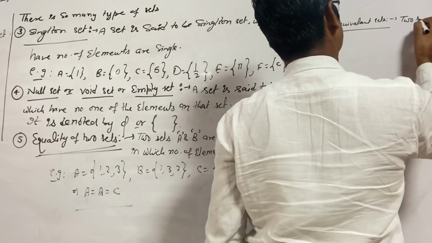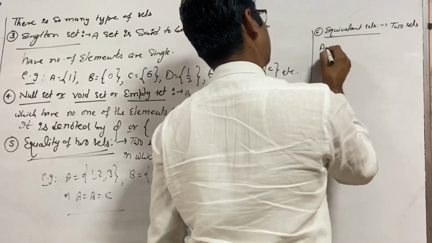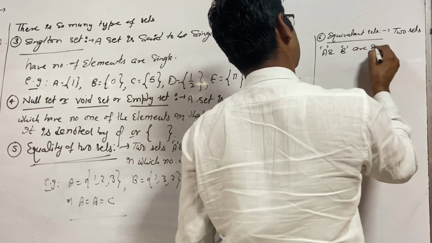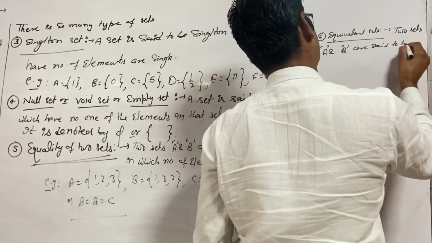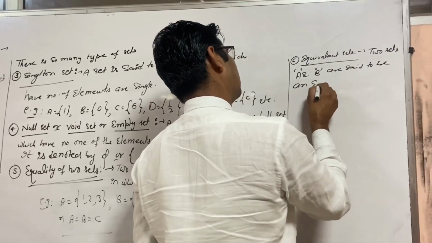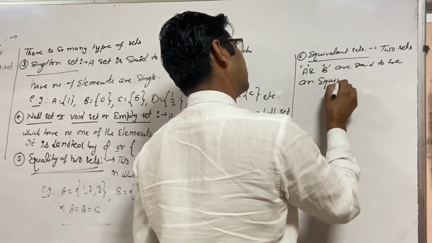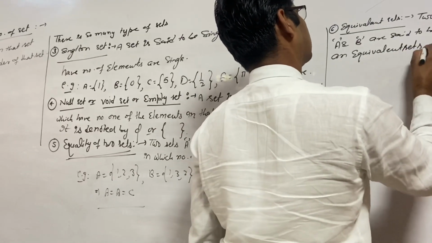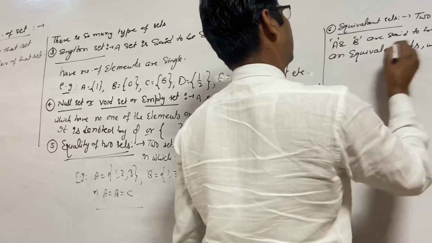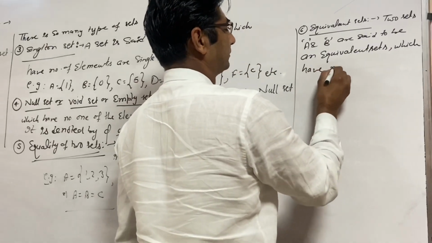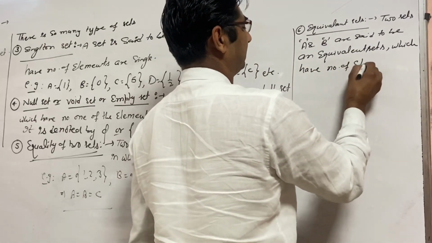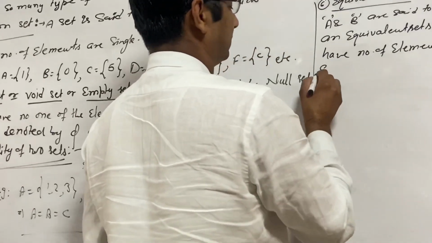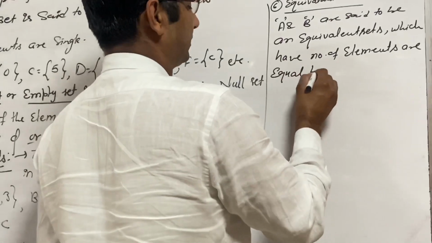Two sets A and B are said to be equivalent sets which have number of elements equal but not same.